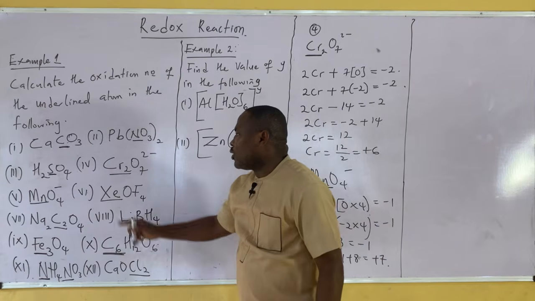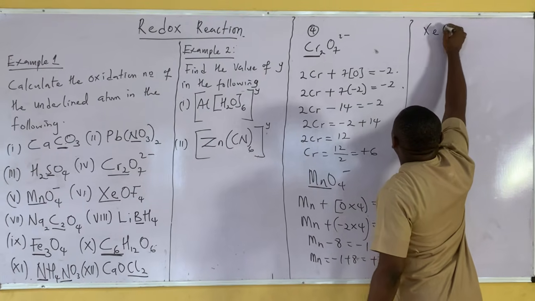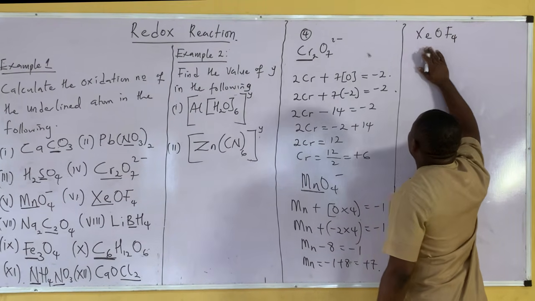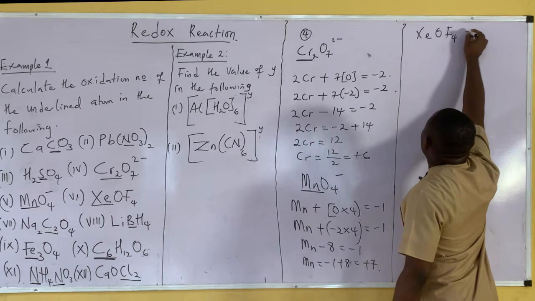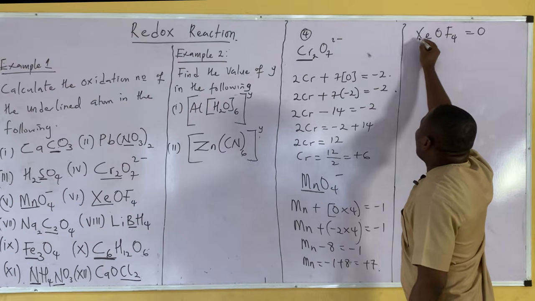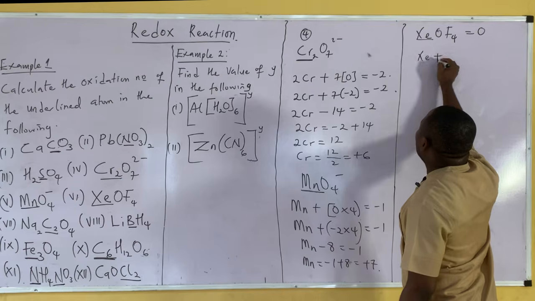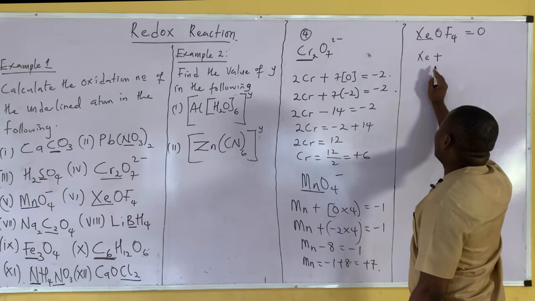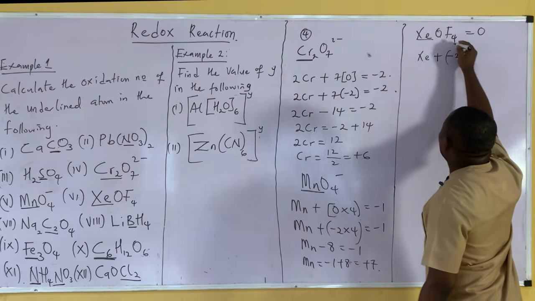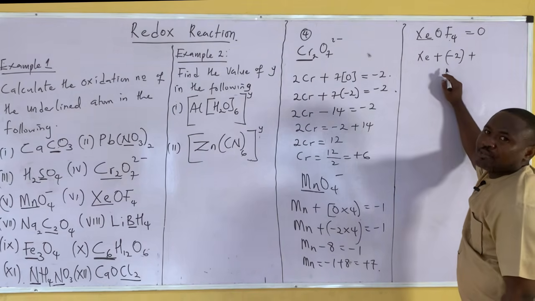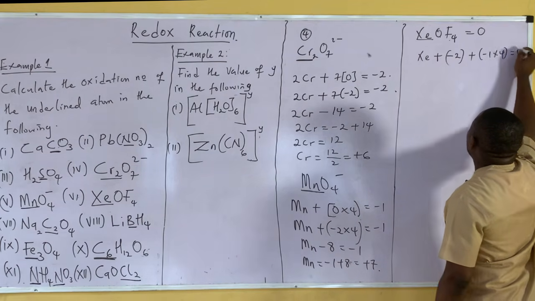We have xenon. Now we have XeO4. This is very funny. Why? Because I know that everything will be equal to 0. Now xenon is on the line, so it becomes xenon plus oxygen is minus 2. That's minus 2 plus, what about this? Fluorine is minus 1. So I have minus 1 times 4 equals 0.